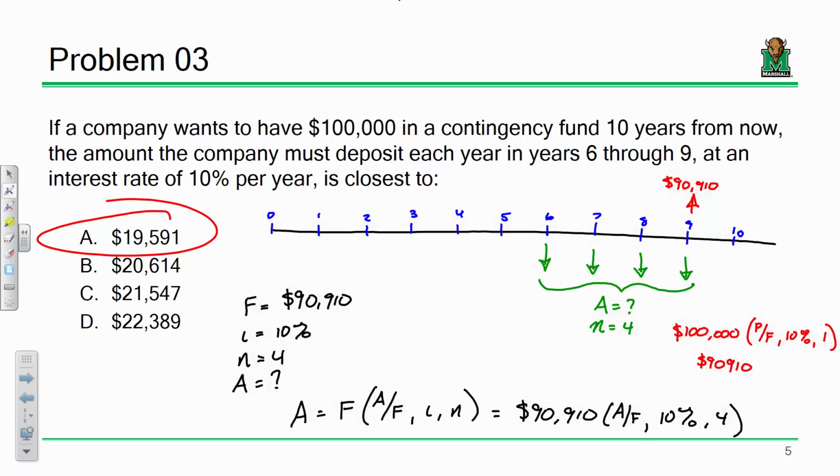So just so everybody's aware what we're talking about here, another approach to this problem. We started out with 100,000 right here. What I just did is I moved the 100,000 to year 9 so I could treat it like a future value.